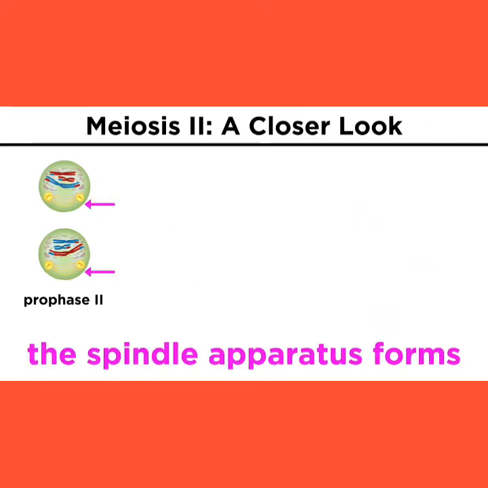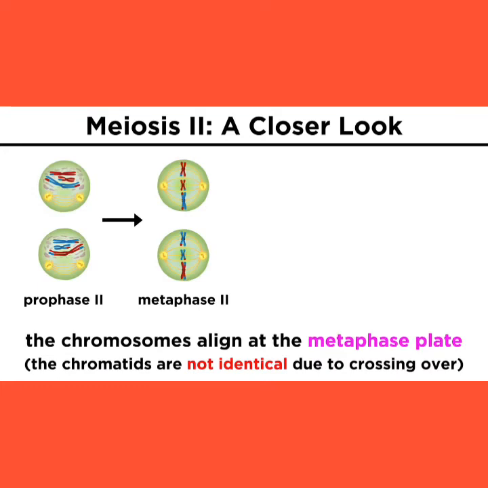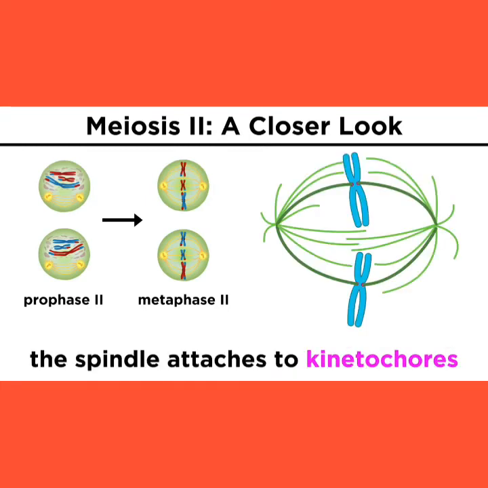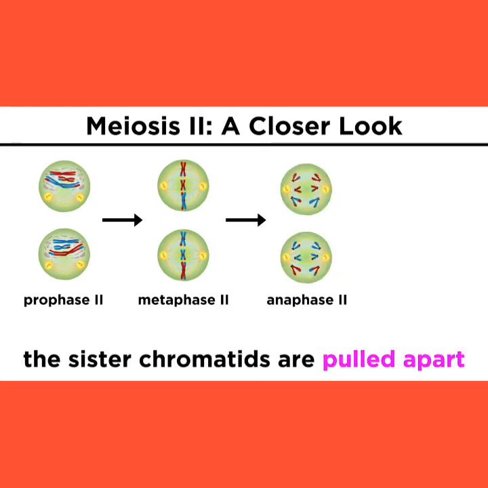In prophase II, the spindle apparatus forms. In metaphase II, the chromosomes align at the metaphase plate, but unlike mitosis, the sister chromatids are not all genetically identical because of the crossing over that occurred in prophase I. Again, the spindle attaches to kinetochores so that in anaphase II, the sister chromatids are pulled apart towards the poles.